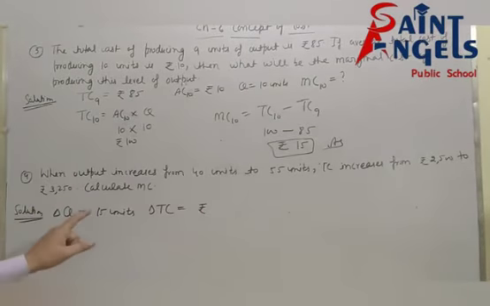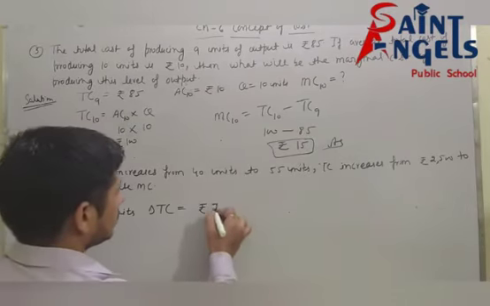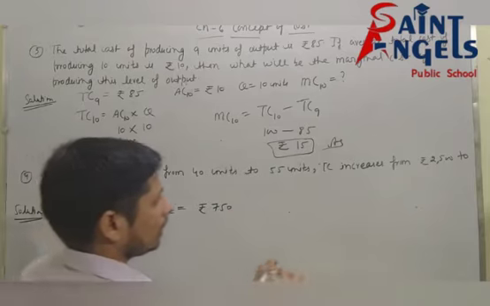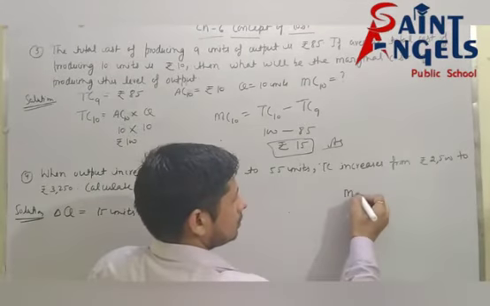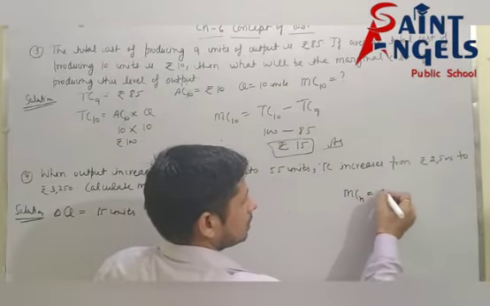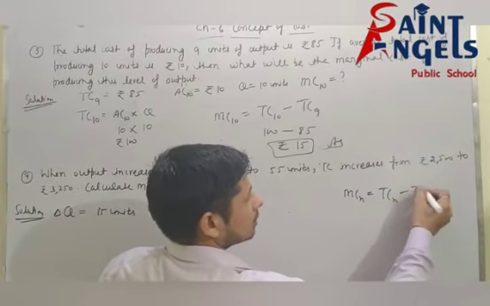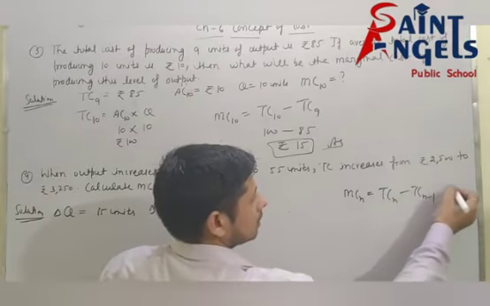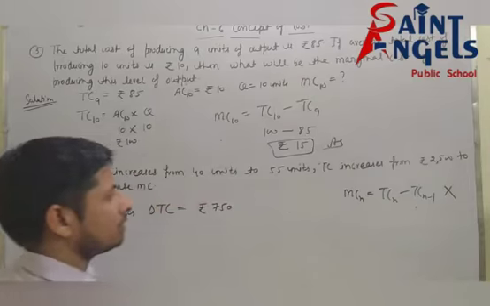Rupee means 3250 minus 2500. So you will get 750. Now what is the formula of MC? You know that, but we can't use this formula here.